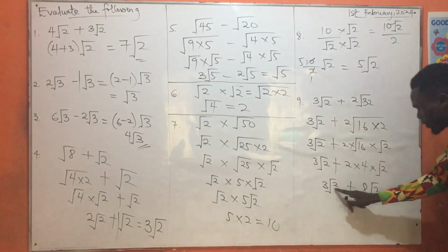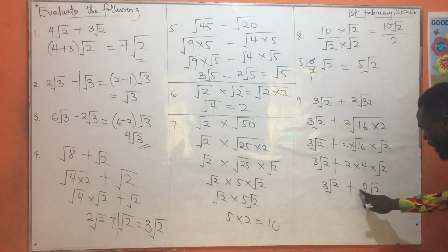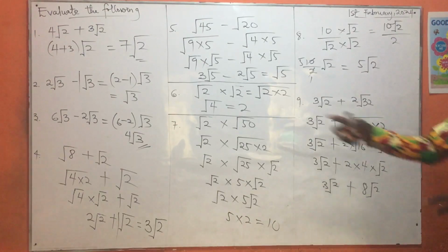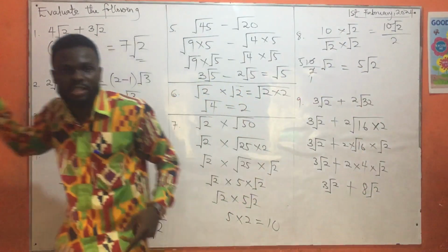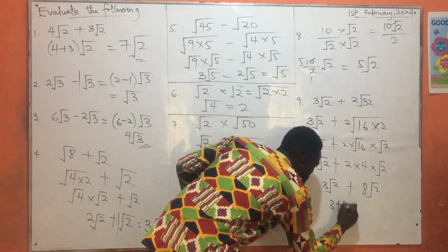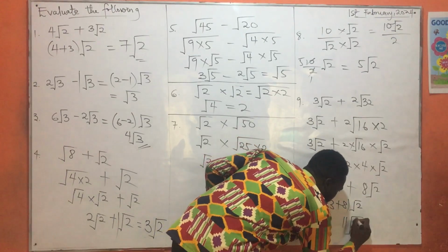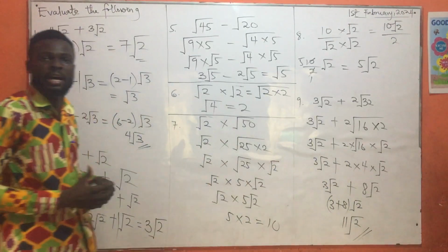Now you can see that you have root 2, you have root 2. So we can now perform the operation by adding. So 3 plus 8, which are the coefficients, is giving you 11 root 2 as your final answer.